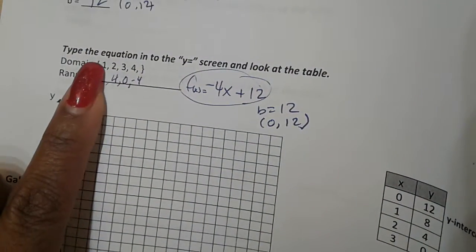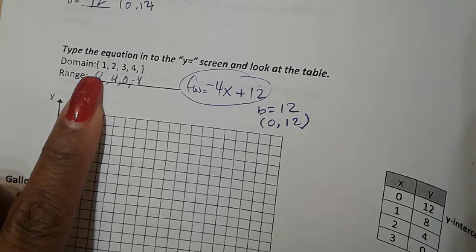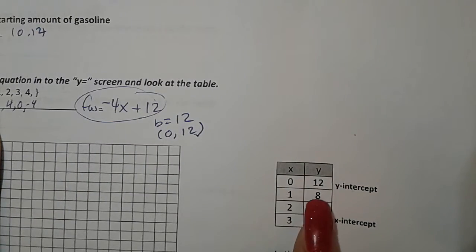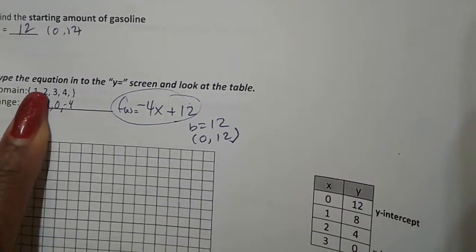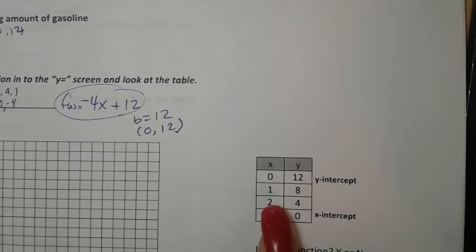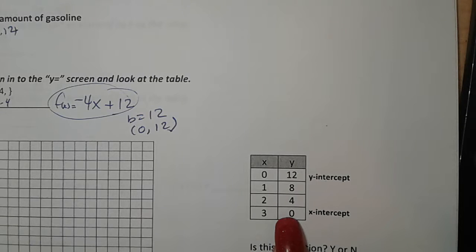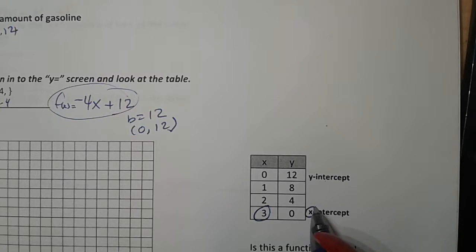1, 8. x is 1, y is 8. Is that what it says? x 1, y 8. Yes. x 2, y 4. Yes. And the x-intercept: that 3 goes in that x column. x in the x spot. It says x.